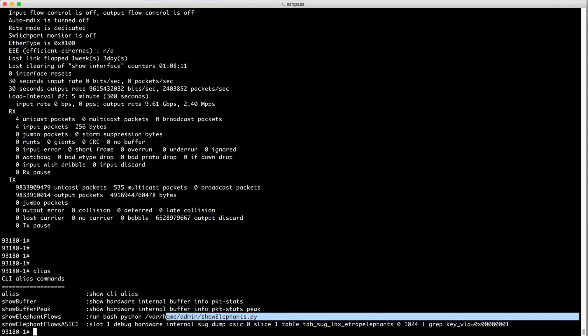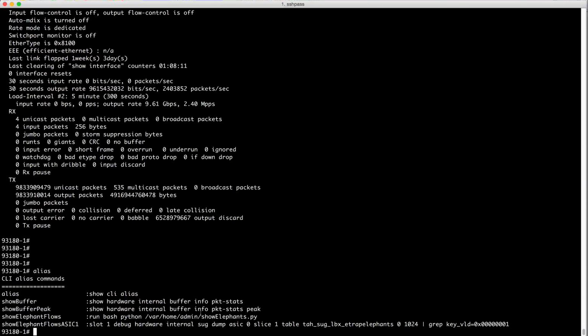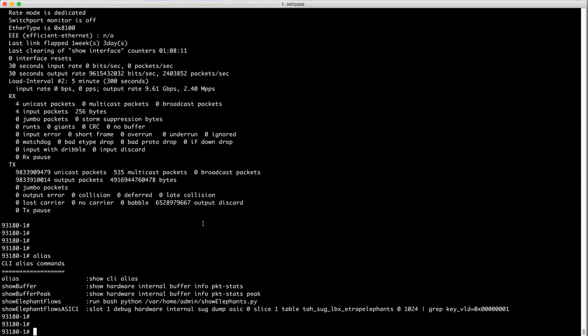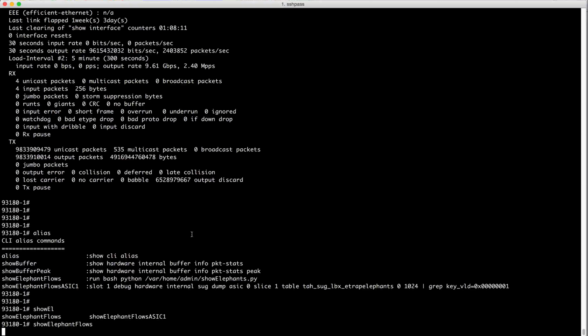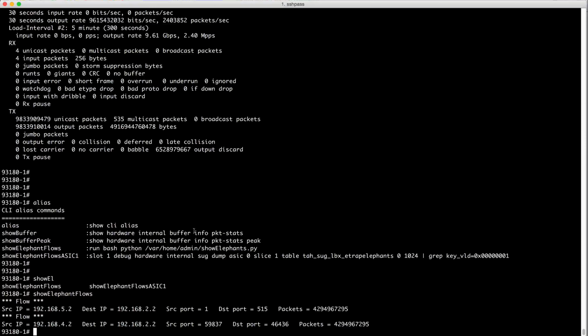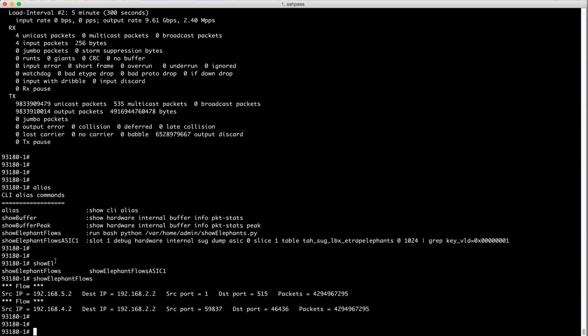This is a Python script I have written to display the elephant flows in a readable view. The switch now is able to detect elephant flows, so we should have 2 flows, right? And indeed, those are the flows we send from a different XR port.